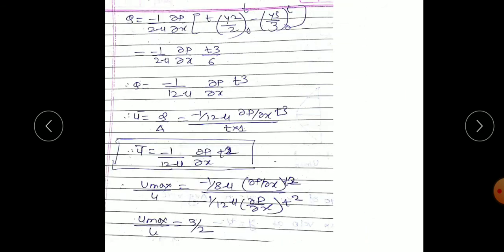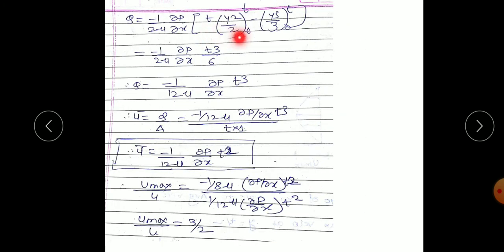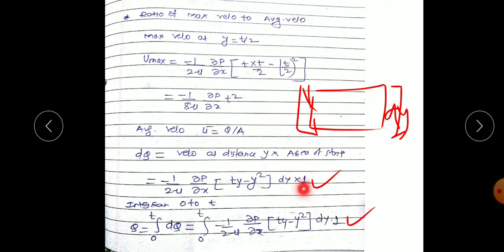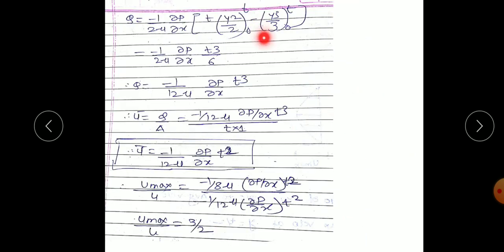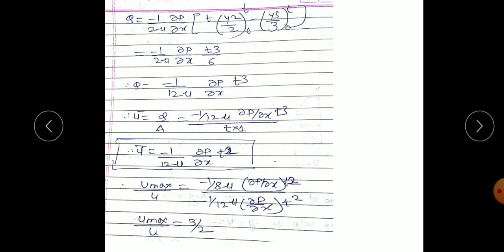Now q is equal to minus 1 by 2 mu delta p by delta x times the integration of ty, which is t y square by 2, and the integration of y square, which is y cube by 3. So minus 1 by 2 mu is constant, delta p by delta x is constant, so we get t cube by 6.